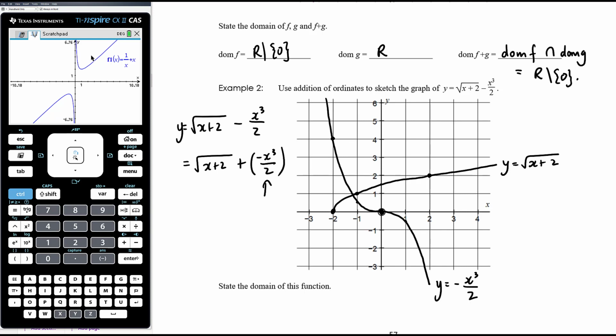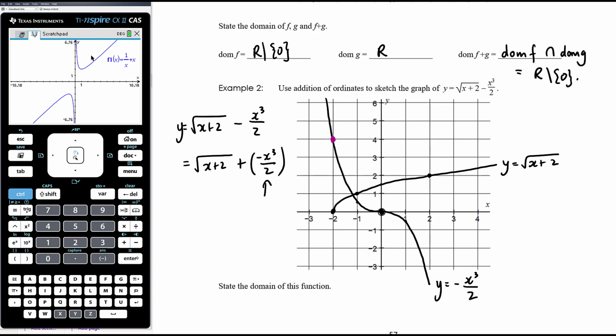Okay, so there's our two graphs. We now want to use addition of ordinates. So this graph exists back here when x is less than -2, but this graph doesn't. So you can't add the two graphs where they don't both exist. Let's start here at this endpoint when x is -2. It's an x-intercept for the square root graph, so the y value there is 0, which means if we add that 0 y value onto this other y value, we're just going to go through that point.